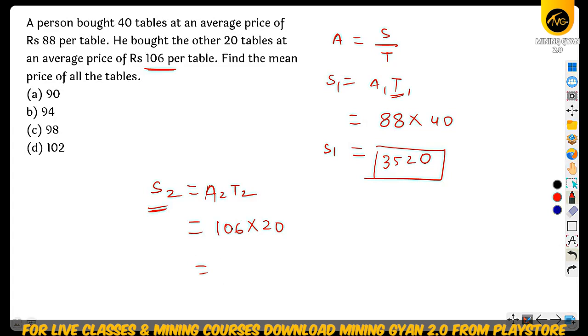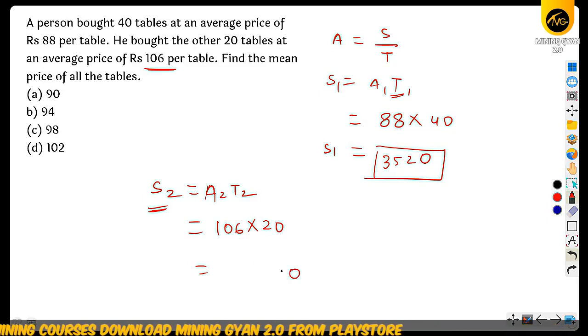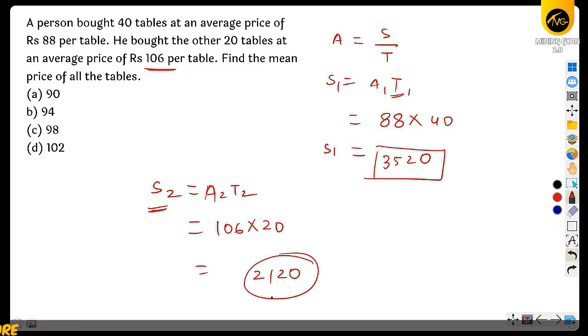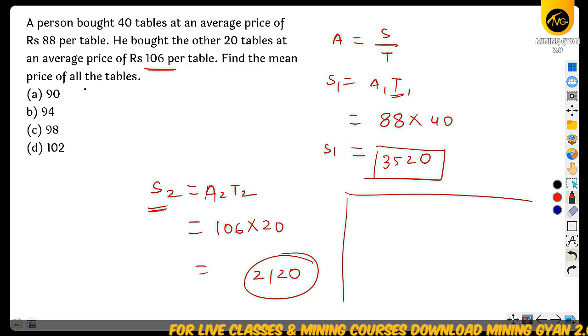Correct. Now in this case, just multiply the numbers. 20 into 106 is 2120. Now S2 is 2120 and S1 is the 3520 rupees. Now find the mean price of all the tables.